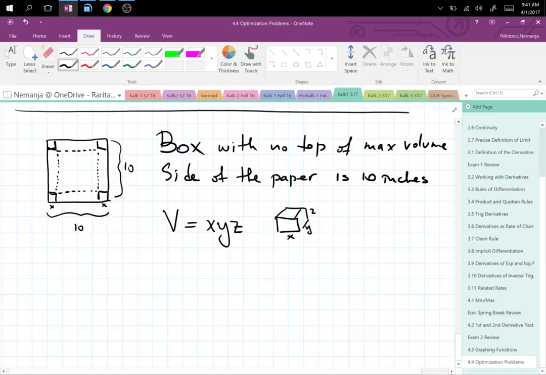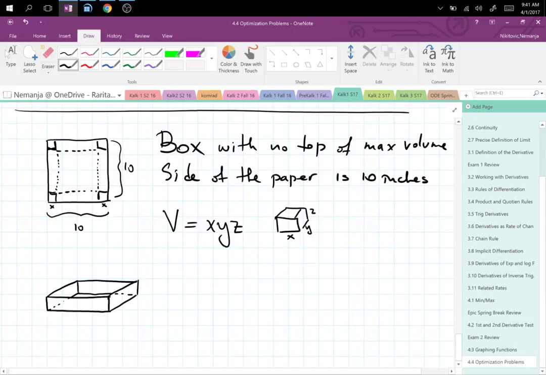So now when you put your box together, when you take your box, you will see that what's the height of this box that you're going to get, looking at my diagram above?